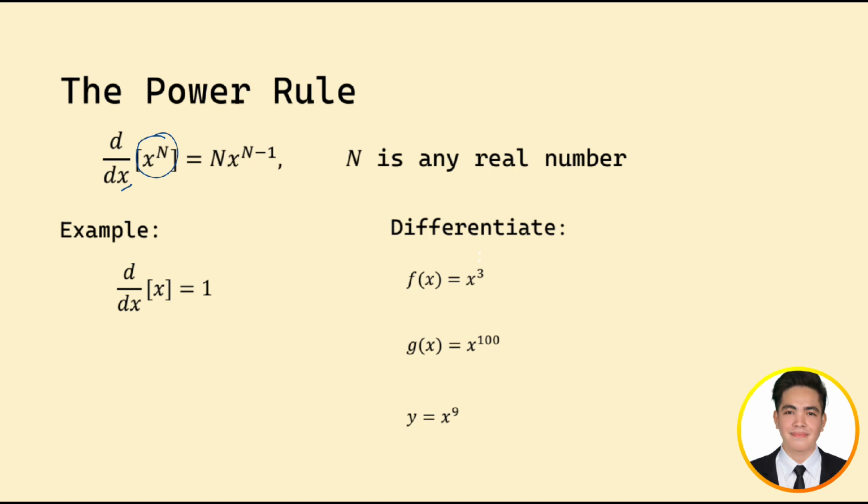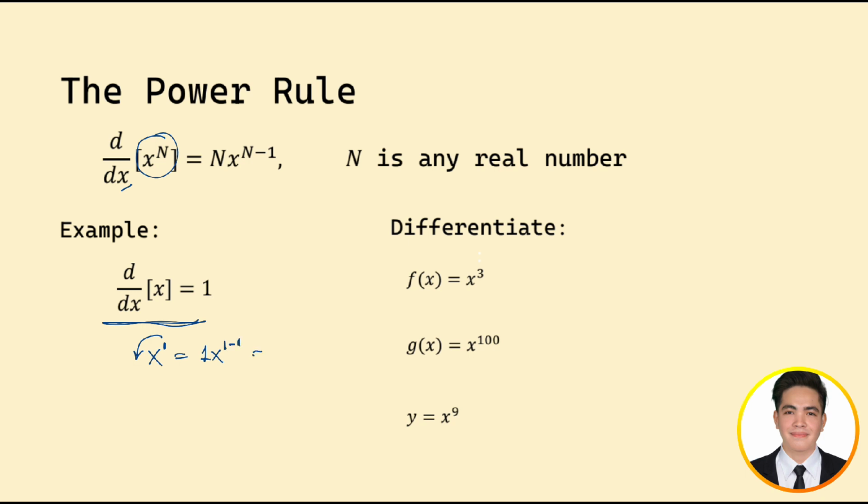So for example, if we take this as an example using power rule, take note that x has a power of 1, pero hindi yung nasulat. Pero kapag i-evaluate natin yan using power rule, ang makukuha natin is 1 times x, binaba lang natin dito yung power, and then magma-minus tayo ng 1 here. 1 minus 1 is 0.